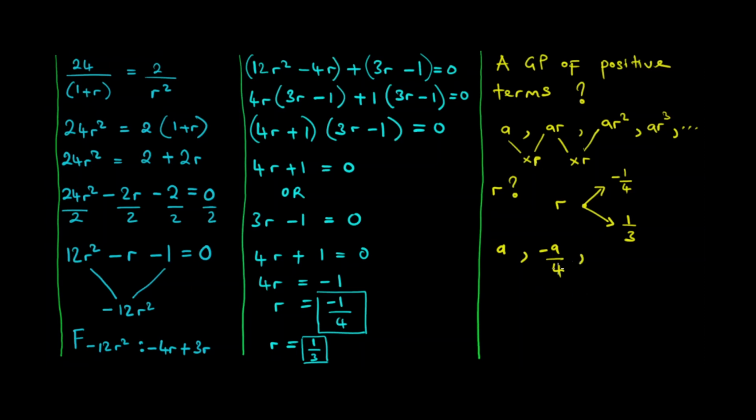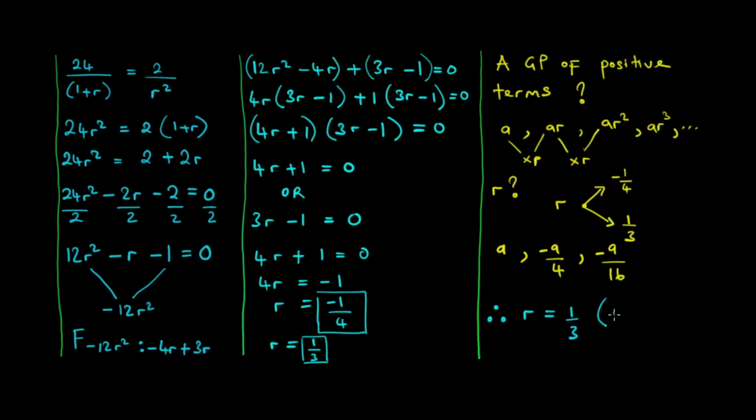And then our third term will be a over 16, and so on. So we cannot take r as negative quarter, because if we take r negative, our GP is not made up of only positive terms.